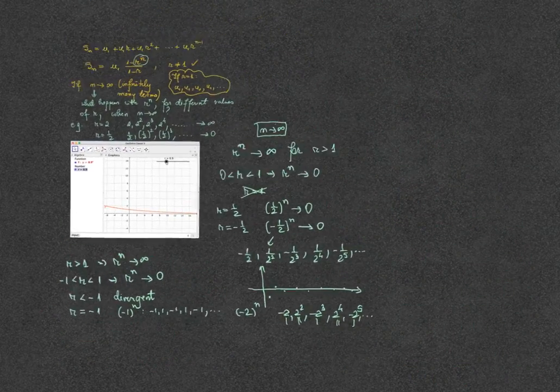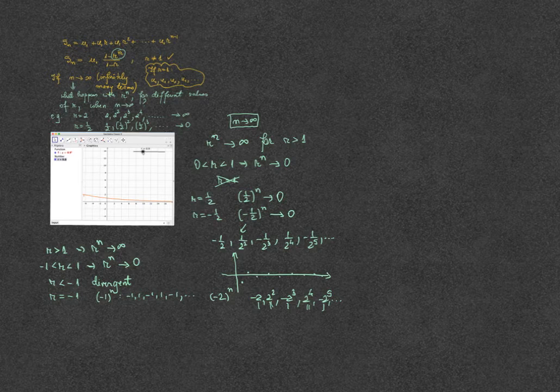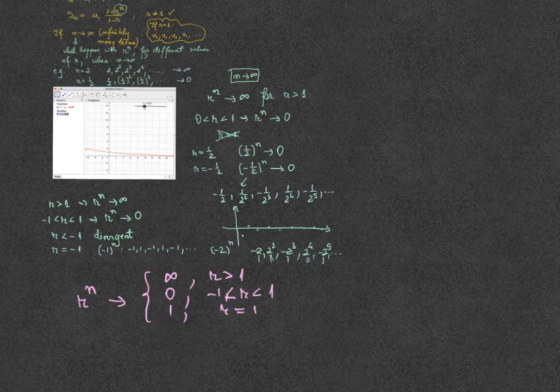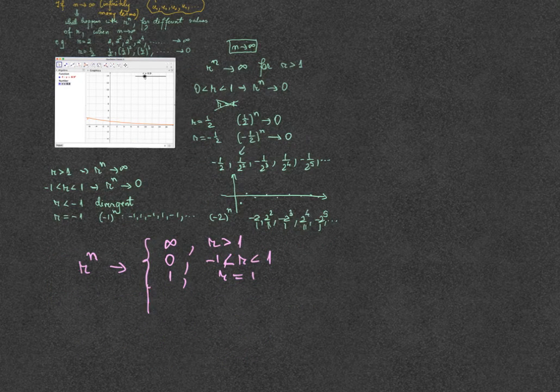This means that we came to the main conclusion of this section. r to the power of n will approach infinity for r bigger than 1, 0 for r between minus 1 and 1, 1 for r equals 1, but we said it's not an interesting case, and is divergent for r smaller or equal than minus 1.